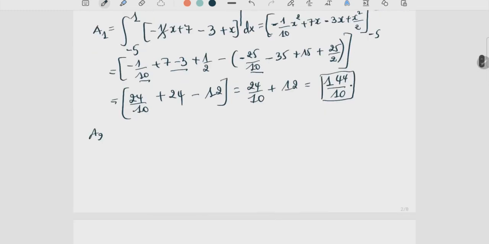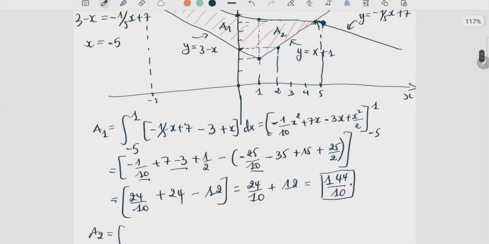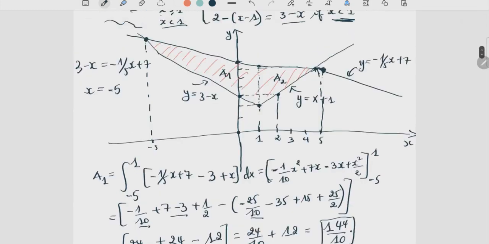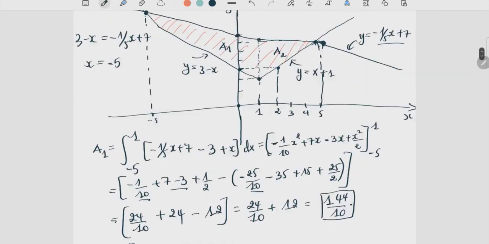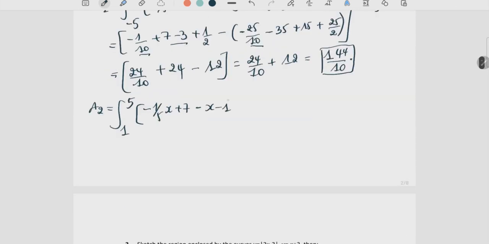Our second area now is the integral from 1 to 5. What's on top? The function that's on top is negative 1 over 5x plus 7, minus x minus 1, dx.